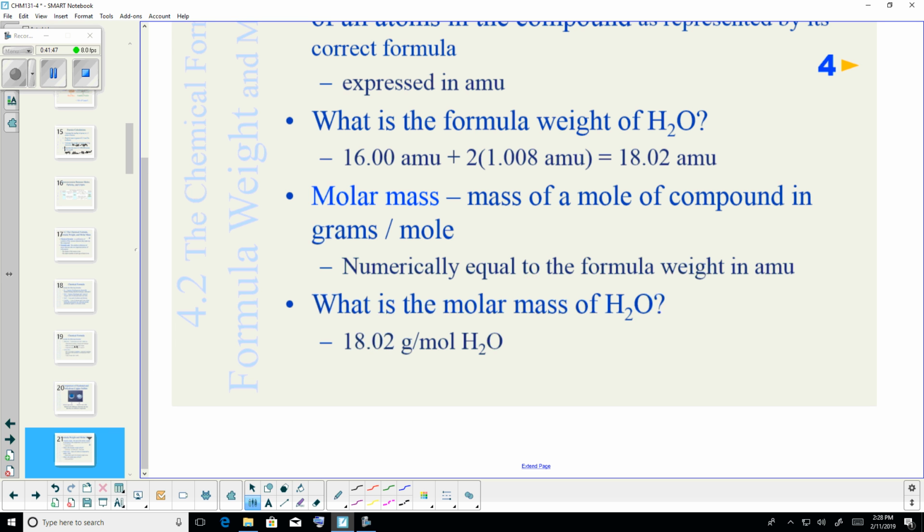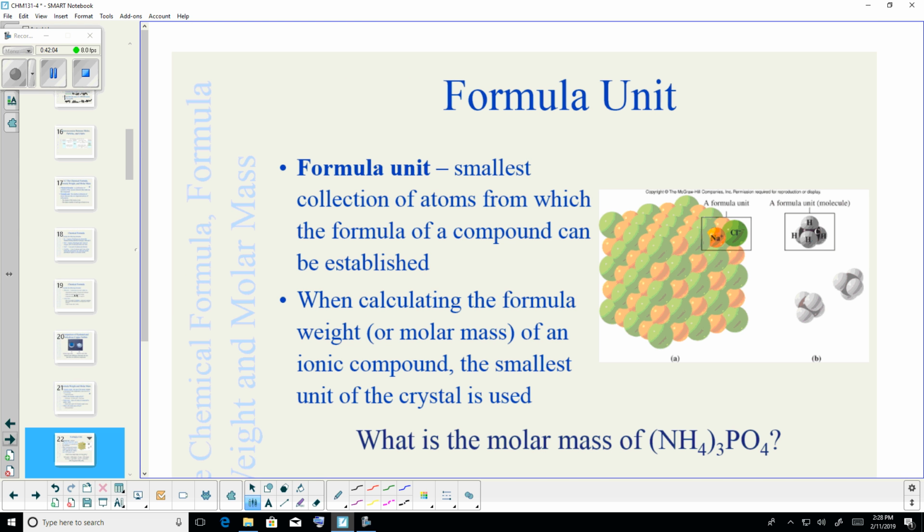So again, on the microscopic level, AMU. On the macroscopic level, grams per mole. The formula unit is the smallest collection of atoms from which the formula of a compound can be established.